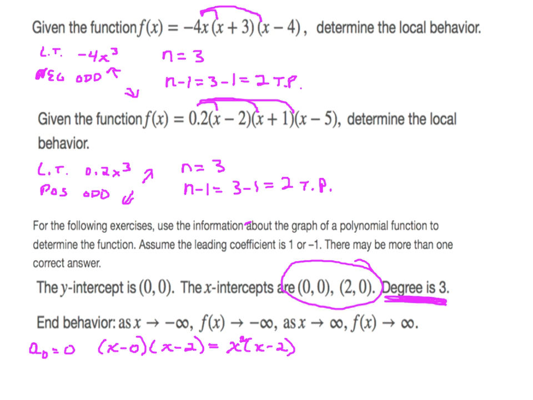The end behavior says as x approaches negative infinity, f of x approaches negative infinity, so that's this way. As x approaches positive infinity, f of x approaches positive infinity. So I'm going to have an understood positive 1 as a sub n, or leading coefficient. You're not going to write it in there. So to answer this, one possible function would be x squared times x minus 2.